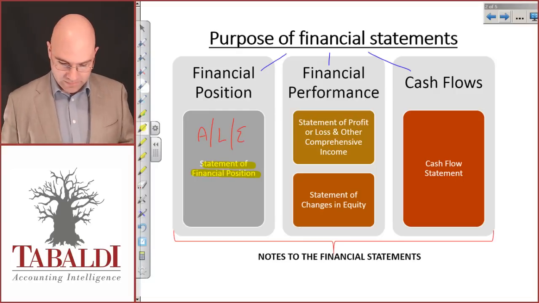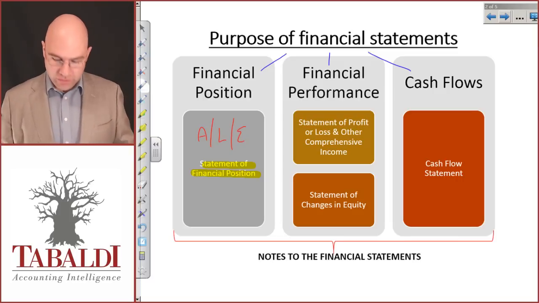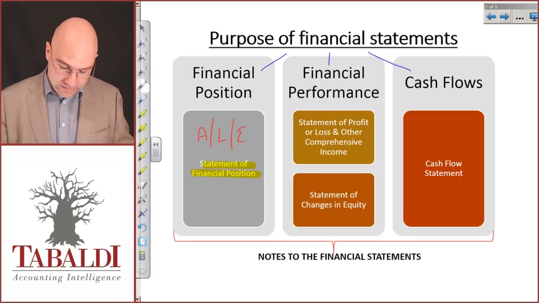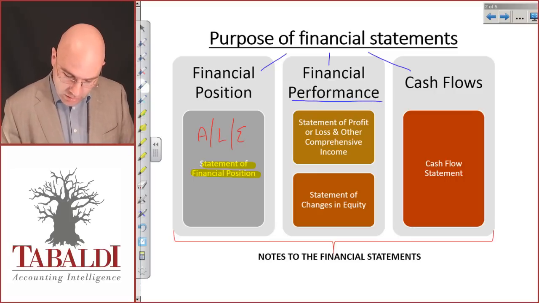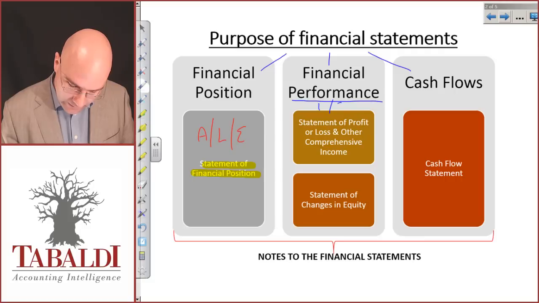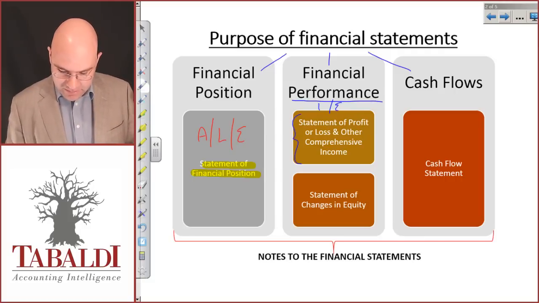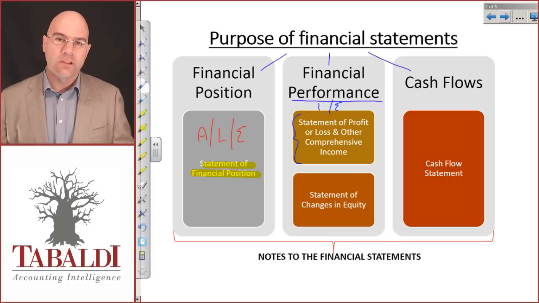That's your first statement. Then you also have to include within your financial performance, income and expenses, and that is all going to be recorded in the statement of profit or loss and other comprehensive income.